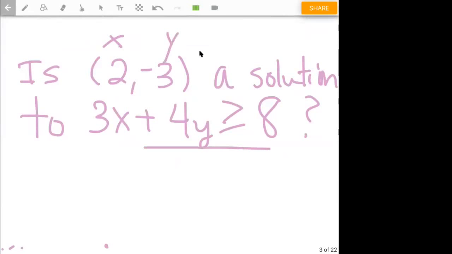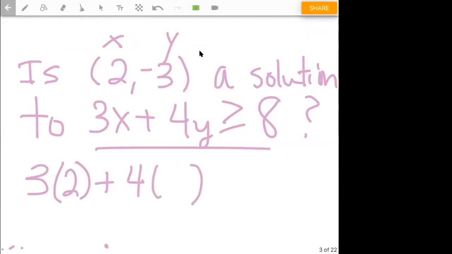So we're going to take this inequality here, and we're going to plug in 2 for x. So we'd have 3 times 2 plus 4, and we're going to put in -3 for the y. And we want to know, is that greater than or equal to 8? So if it is, then it's a solution. If it's not, then it's not a solution.